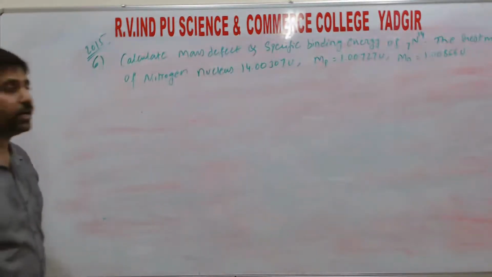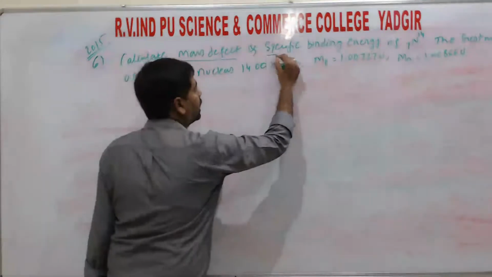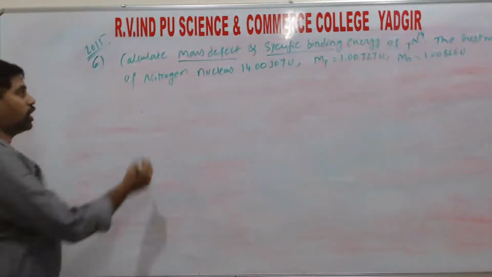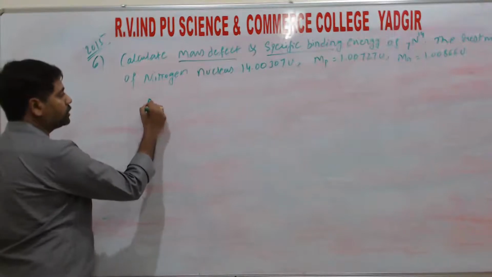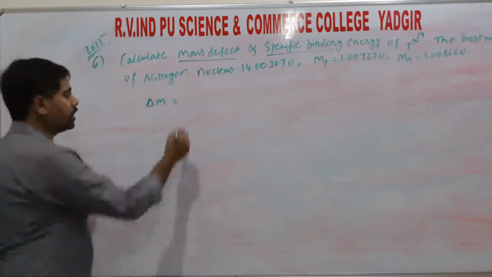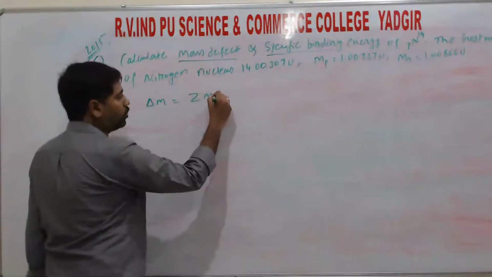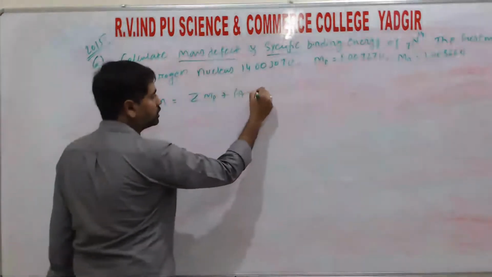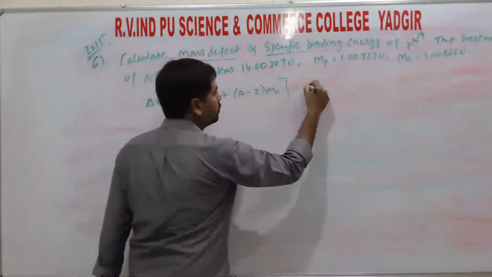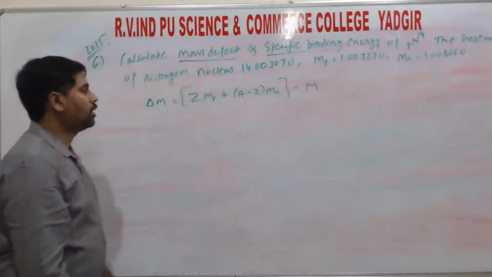So here we need to find the mass defect and specific binding energy, that is binding energy per nucleon, right? First, the mass defect delta M is equal to Z into Mp plus (A minus Z) into Mn minus M, right?